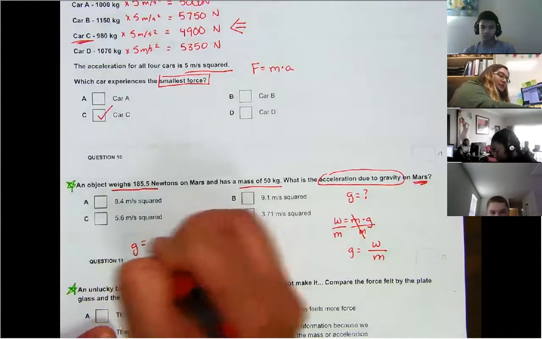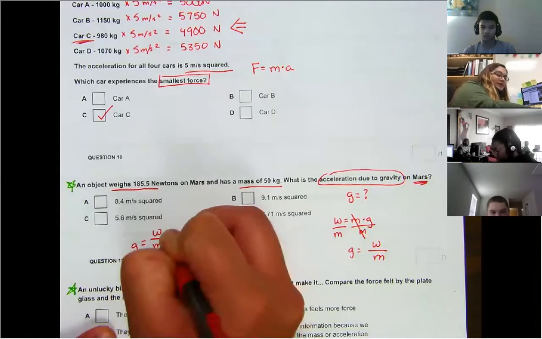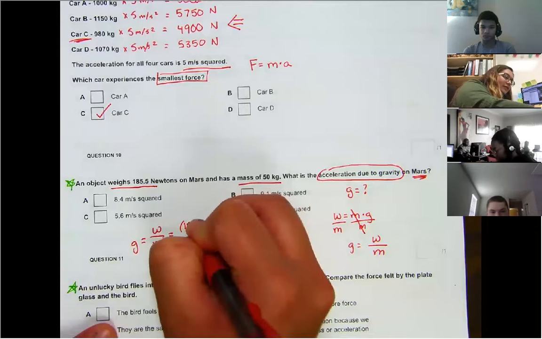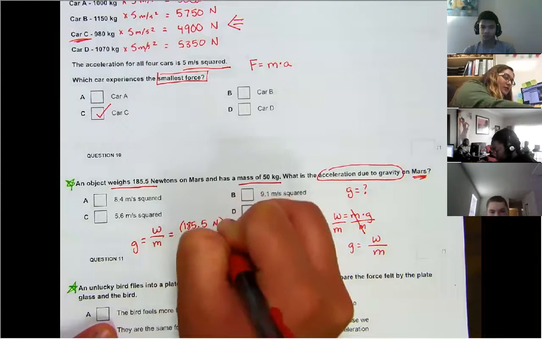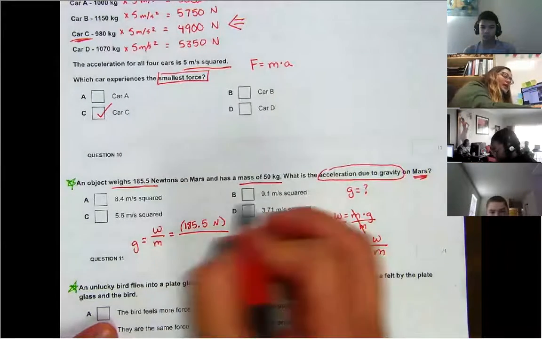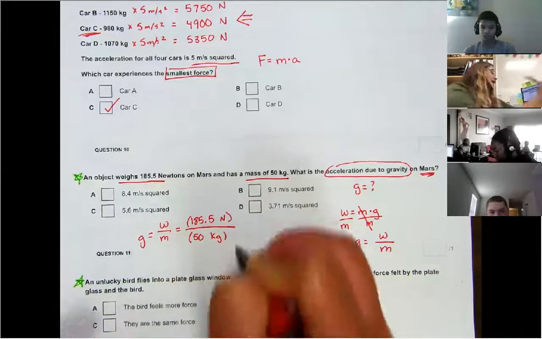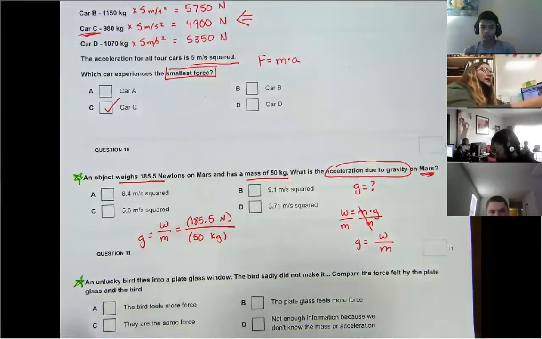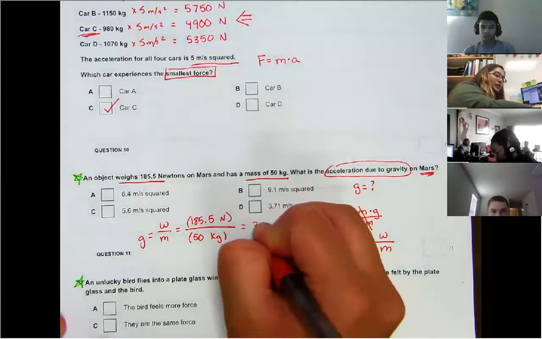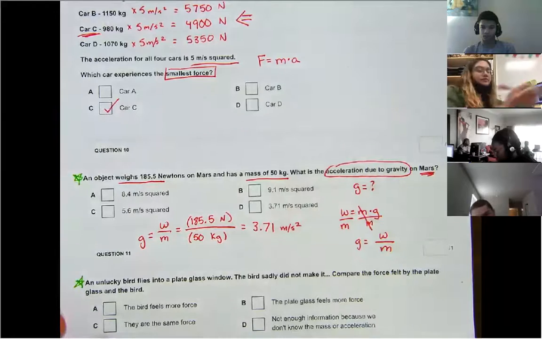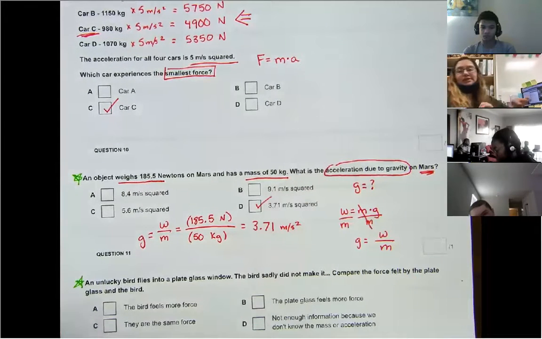Our weight was 185.5 newtons, and we're going to divide that by 50 kilograms. If you did this correctly, your gravity would be 3.71 meters per second squared, which is D.